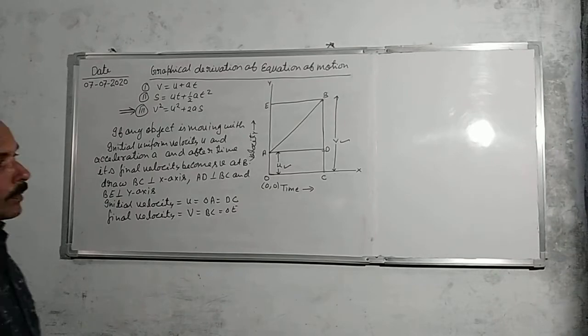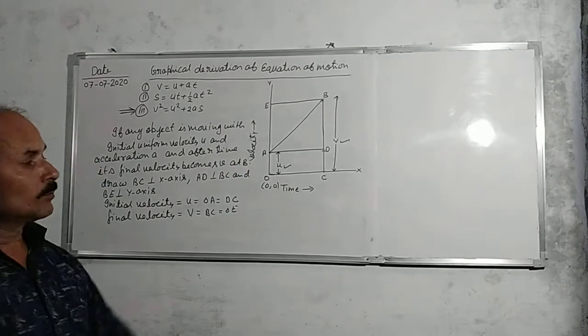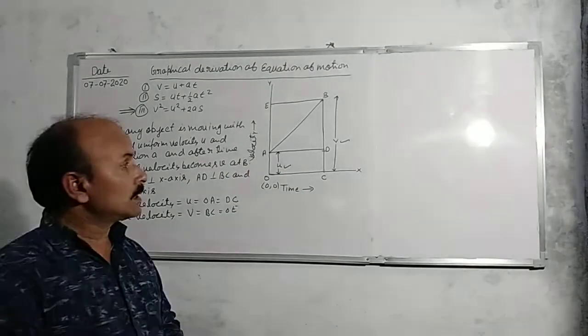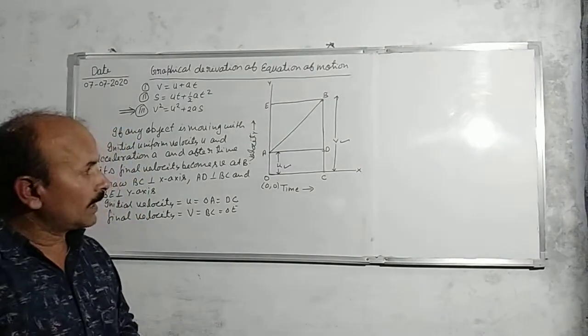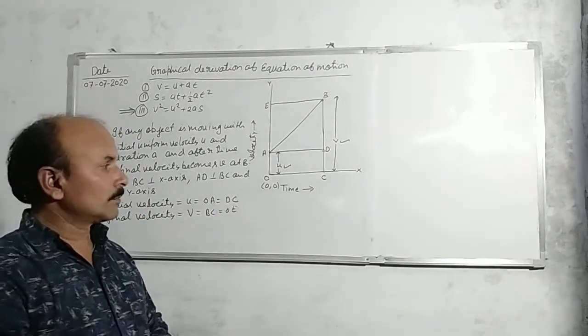Now the object is moving with uniform initial velocity u with a uniform acceleration, so it will cover some distance.